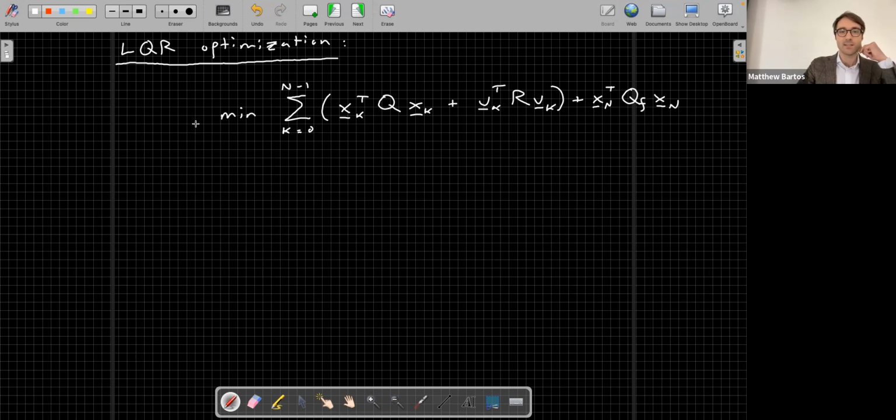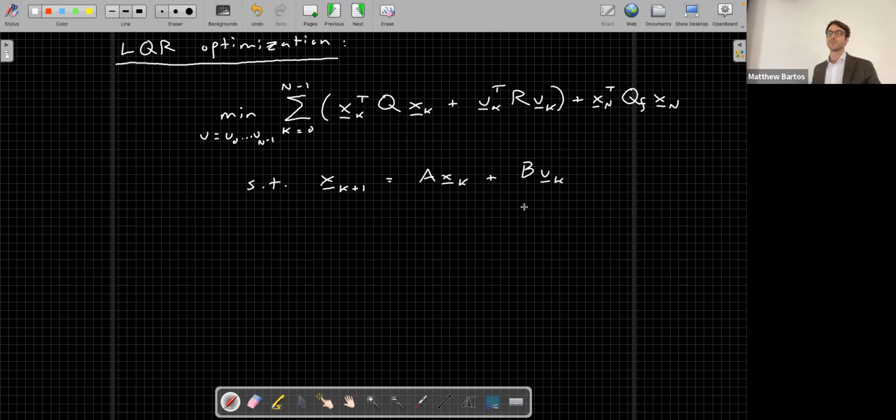And we're selecting U to minimize this function, where U is U0 through U n minus 1. So this is our objective function, and it's a constrained objective function because at each time step, we also have to satisfy our dynamical system. So at each time step, xk plus 1 has to equal A xk plus B uk. So this is a constrained optimization problem.